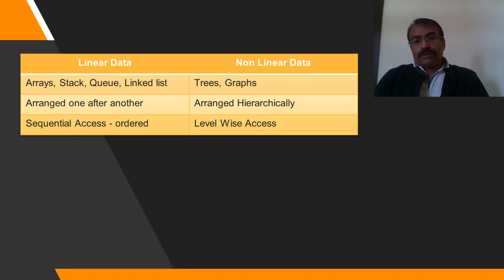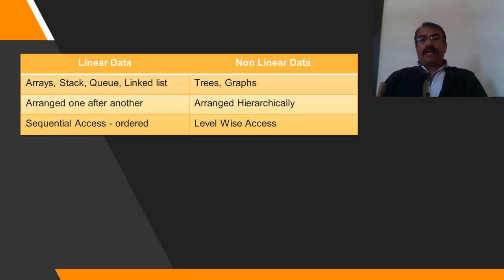But not every time are we going to encounter the data that way. We may encounter data which may not be stored or accessed in a sequential manner. That's why we are going for another type of data structure called non-linear data structure.